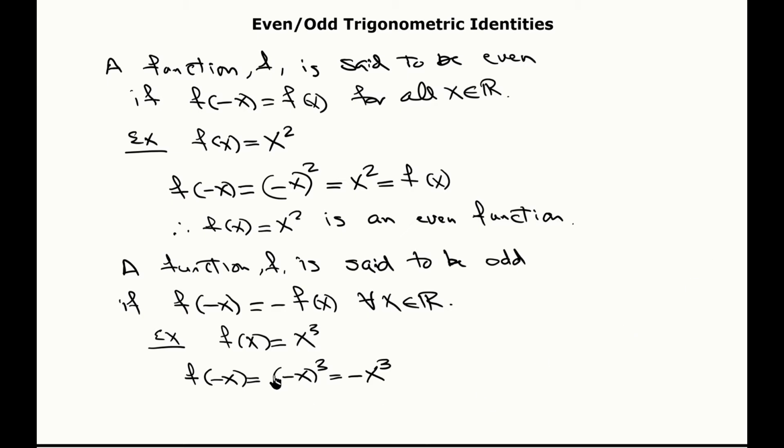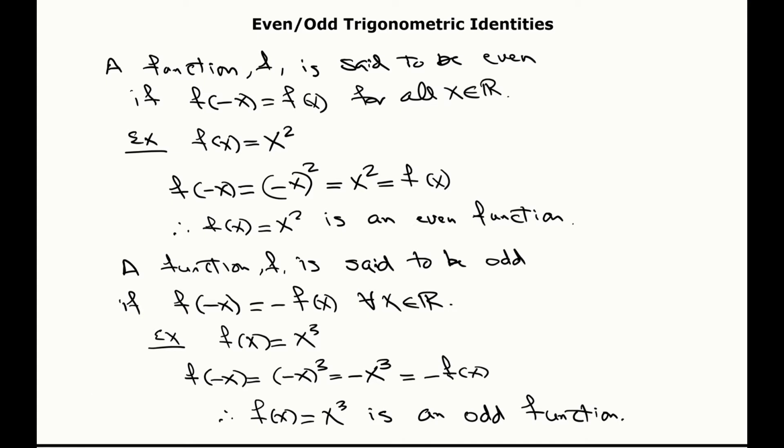And remember, the original function was x cubed, so negative x cubed is actually the opposite of the original function. So we say equals negative f of x. Therefore, f of x equals x cubed is an odd function.